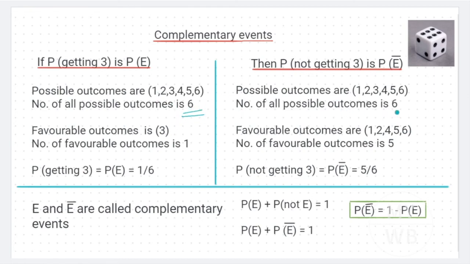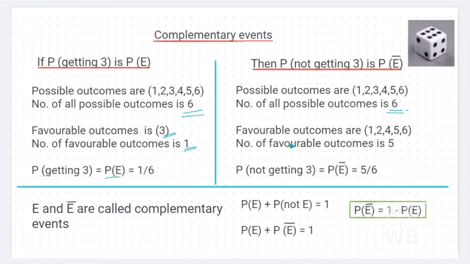Whenever a die is thrown once, the number of all possible outcomes is going to be the same 6. In the first scenario, the favorable outcome is just getting a 3, so the number of favorable outcomes is 1. Probability of getting 3, P of E, is 1 by 6.